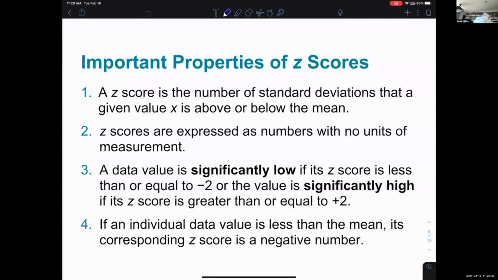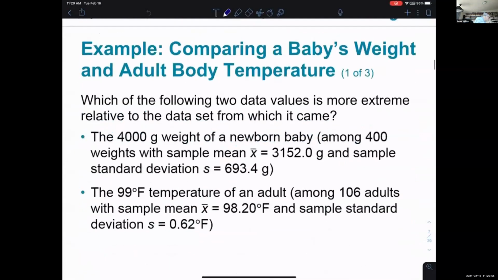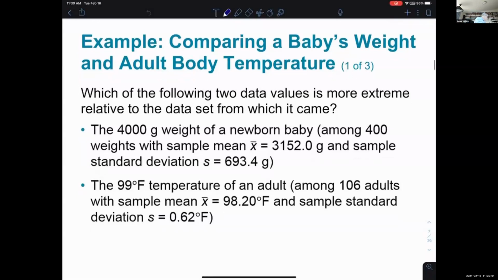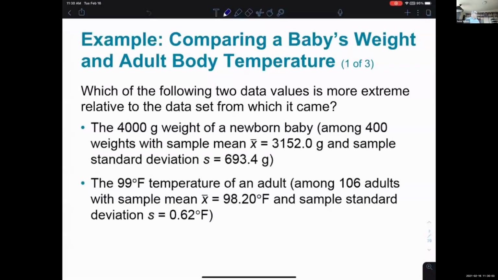All right, let's look at their example. Comparing a baby's weight and an adult body temperature. Which of the following two data values is more extreme relative to the data set from which it came?